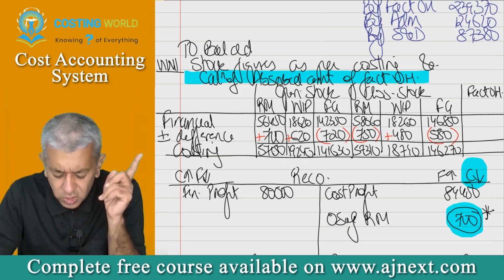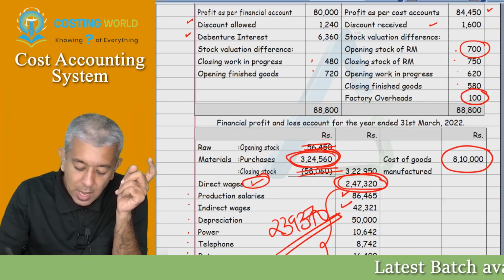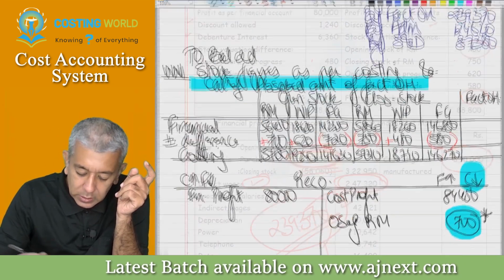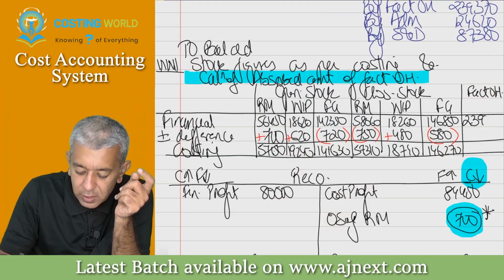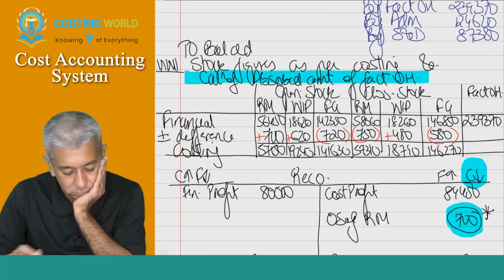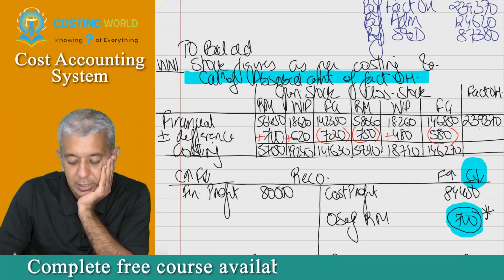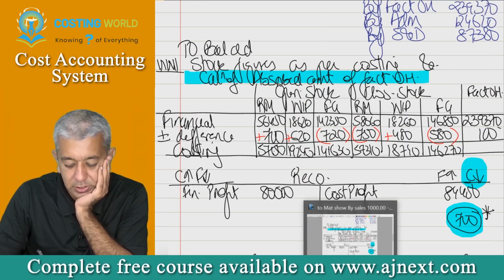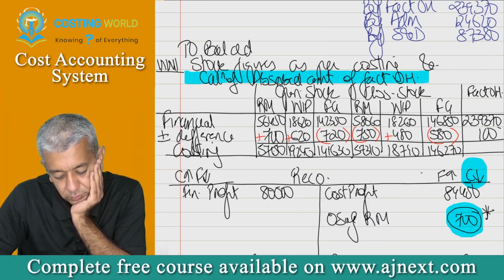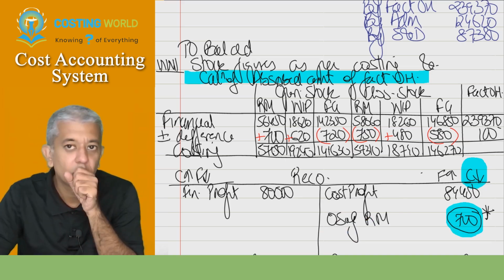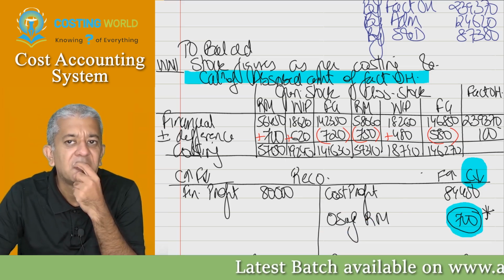Now, in financial accounts, you always write the actual amount incurred, 239,370, and the 100 rupees difference is appearing somewhere in RICO. This much is written?